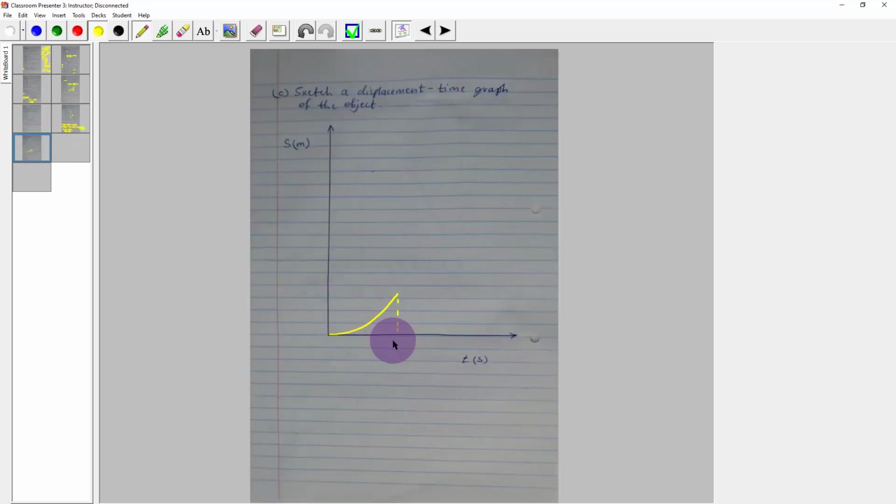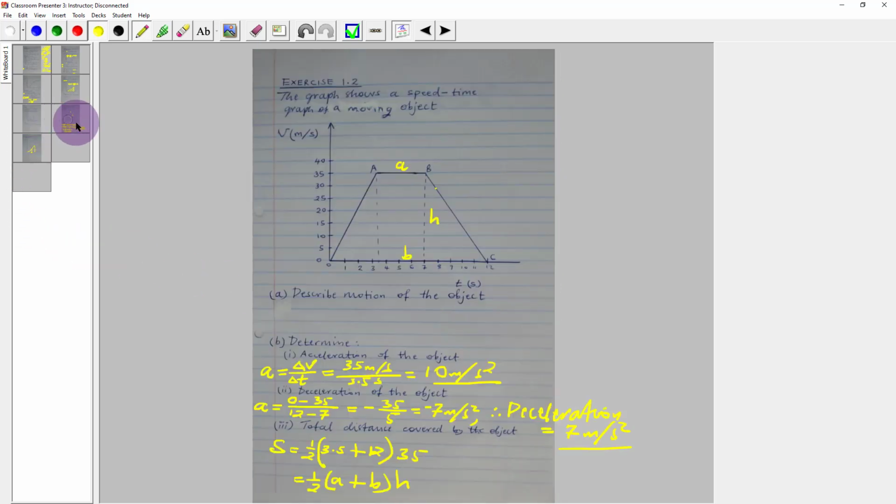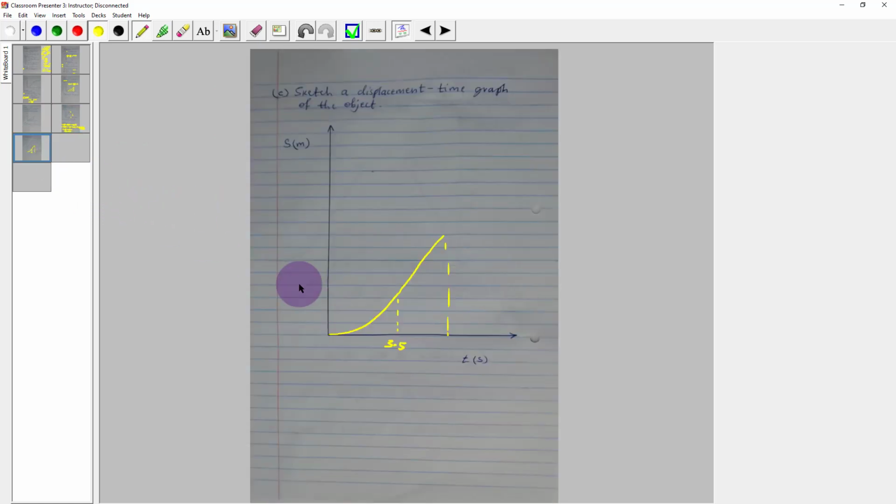So this one will be 3.5, where it's going to maintain constant velocity. That one will be straight. For a certain duration, it is traveling with constant velocity until it reaches 7 seconds. So this is 7.